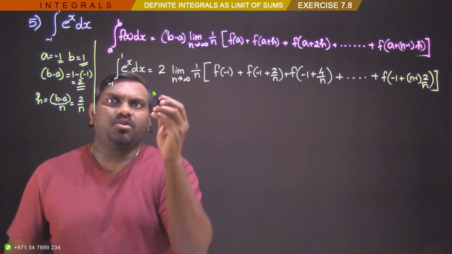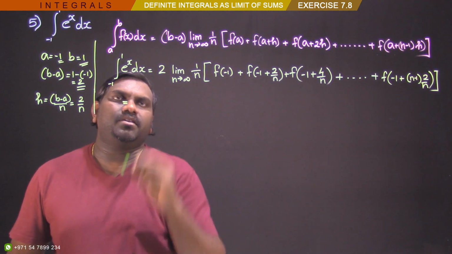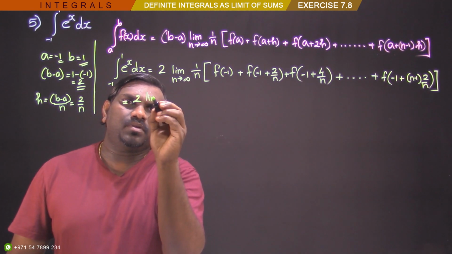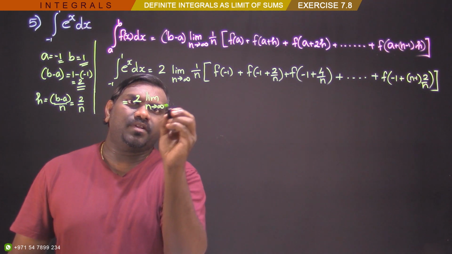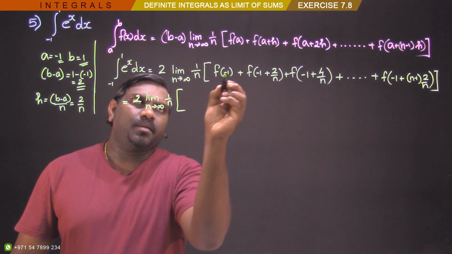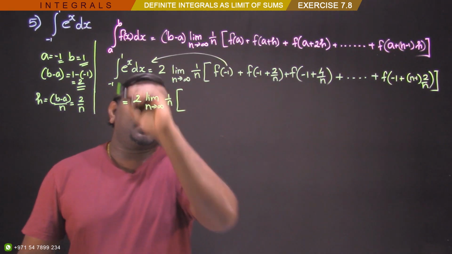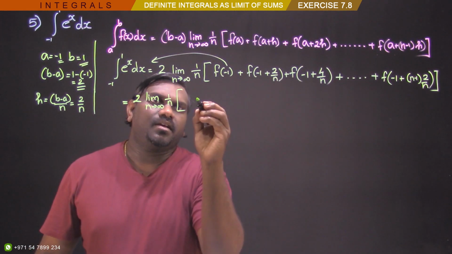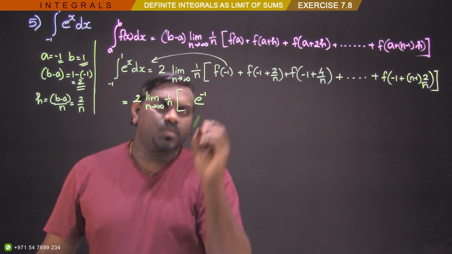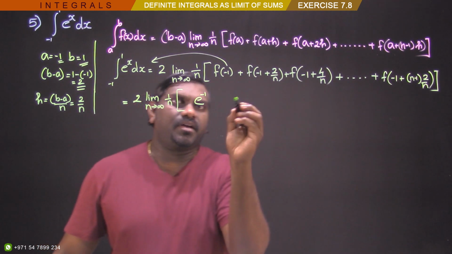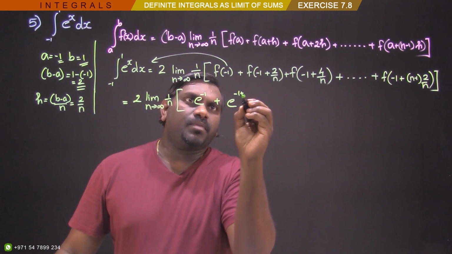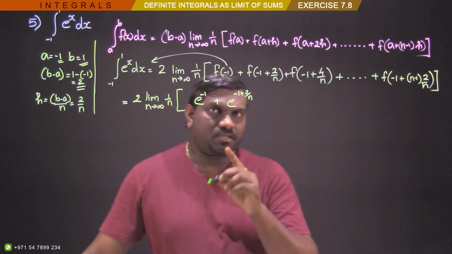Now just on to the question, when you apply it on your function, what you will get? 2 limit n tending to infinity 1 by n. E raised to minus 1, e raised to minus 1 plus 2 by n, right?